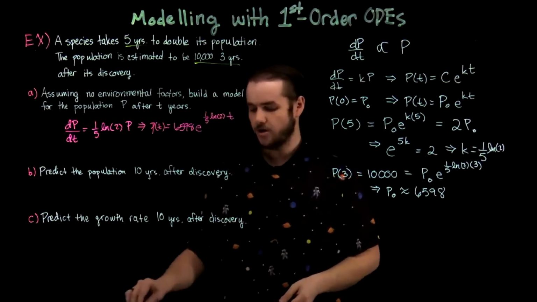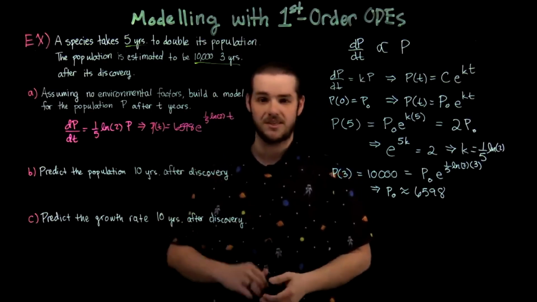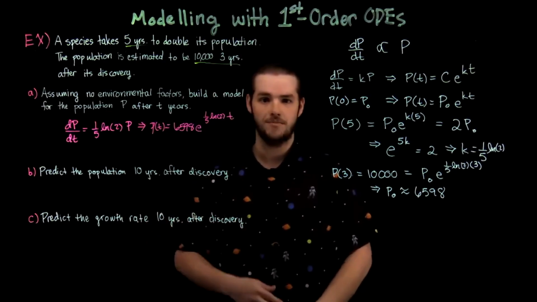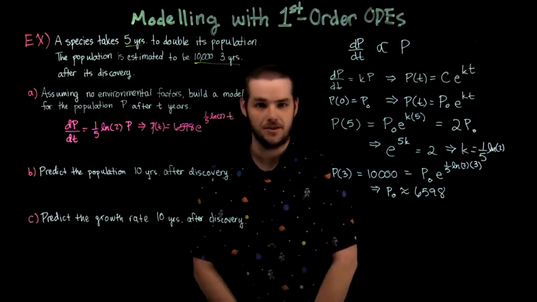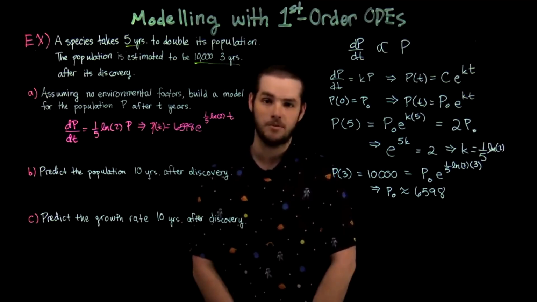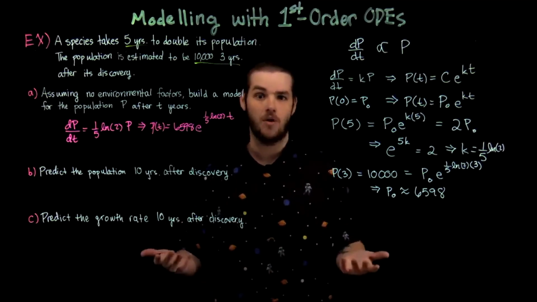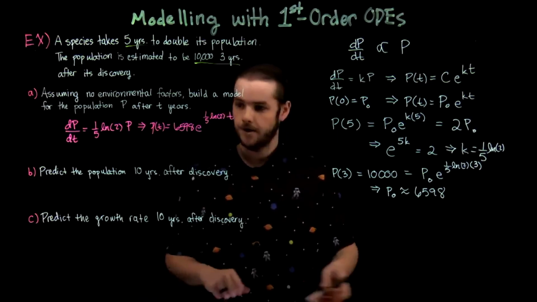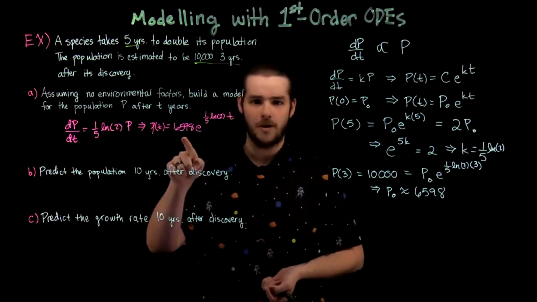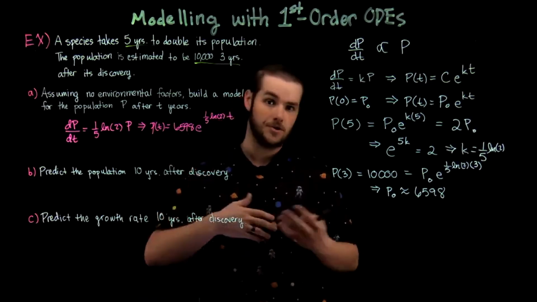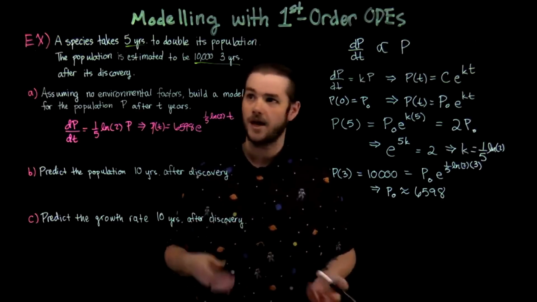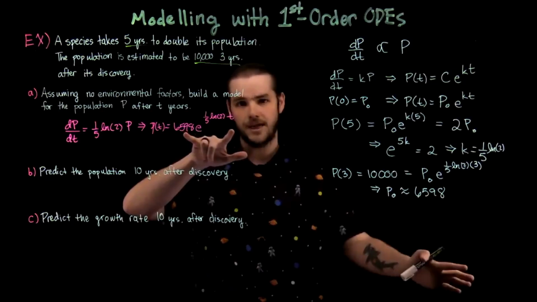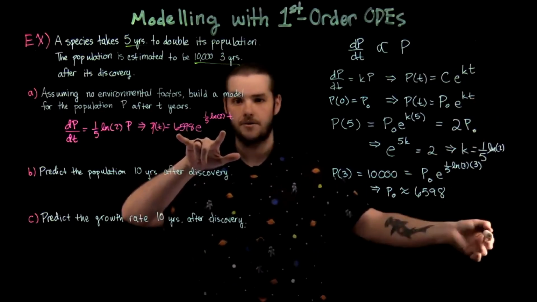And now this might look a little bit familiar. You probably remember seeing this in an algebra class. And this question here, predict the population 10 years after its discovery, is the type of problem you might see in an algebra class because it doesn't require any calculus or differential equations for that matter. Notice we only used algebra from this point down.